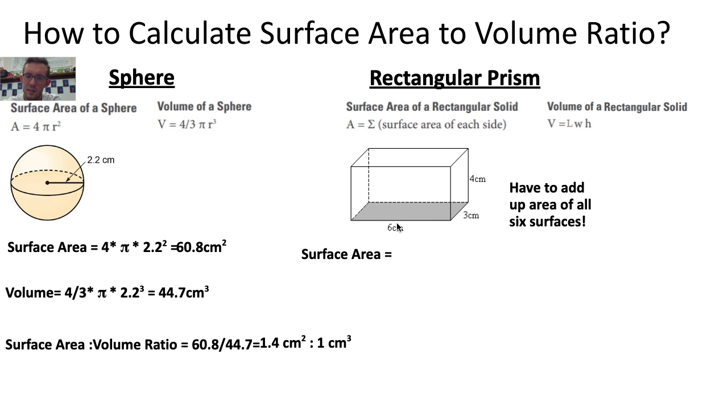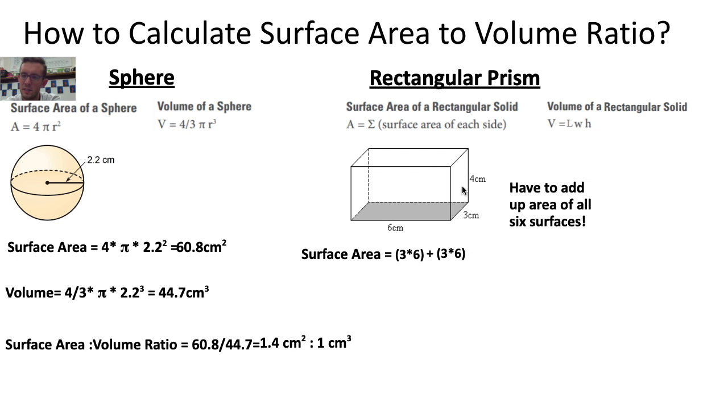Let's start with the surface area of the bottom. You just take 3 times 6, and you'd find that the surface area of the bottom would be 18 centimeters squared. Of course, the top would have the exact same surface area, 3 times 6, 18 centimeters squared.